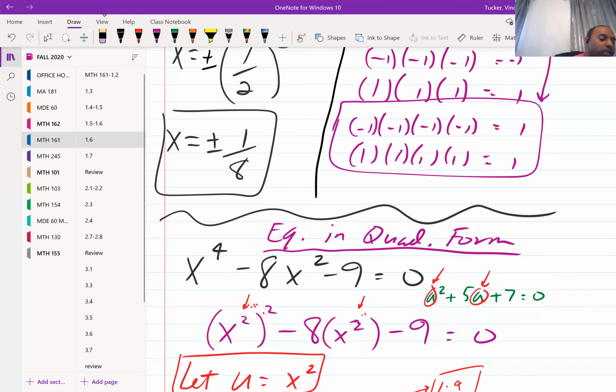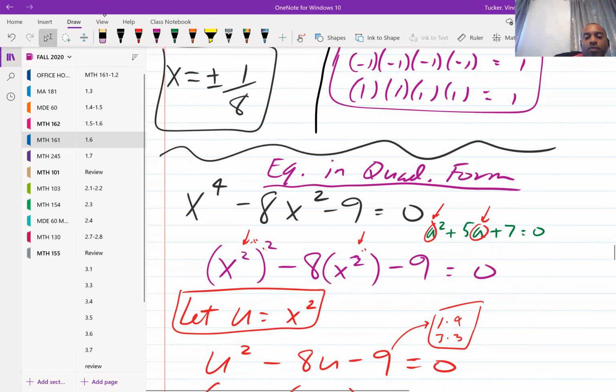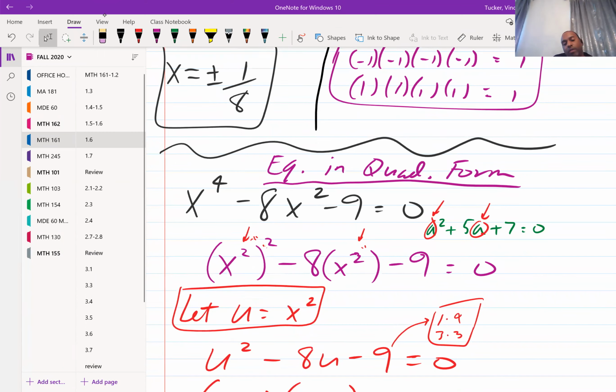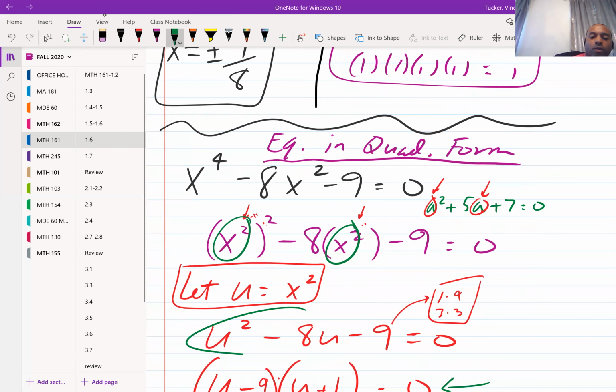So one way you can handle this type of problem, if you want to simplify it, is to let u be a random variable. Most times we use u because of u substitution. You let u be equal to x squared. So that means we're going to plug in u where we see that x squared. And that's what we have right here: u squared minus 8u minus 9.